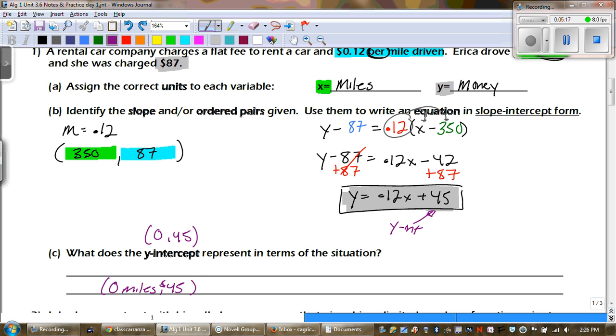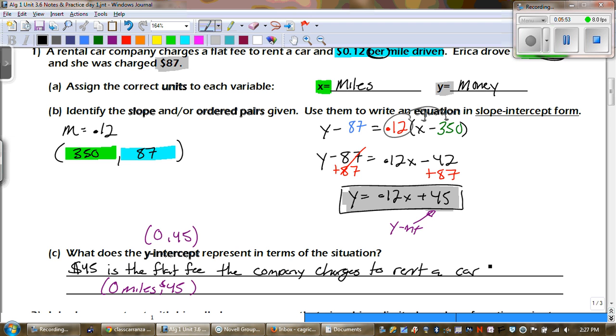So what that means is that $45, because we're talking about how much a rental car company charges, is a flat fee. So $45 is the flat fee the company charges to rent a car.